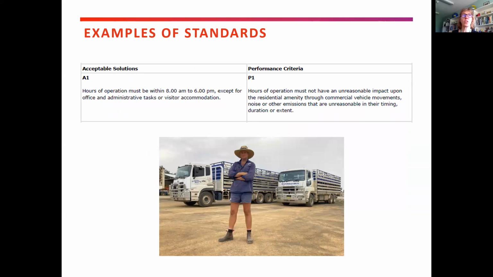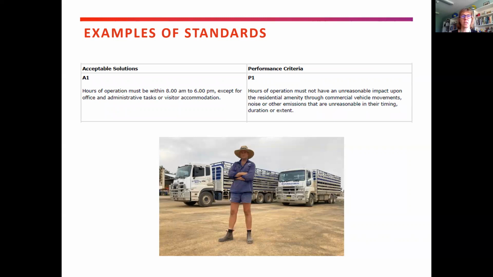So when you get into the detail, for example, in a residential zone, and you know what your use is, and then you start working through all the detail, you come across lots and lots of tables that have these two different parts to them: acceptable solutions and performance criteria.